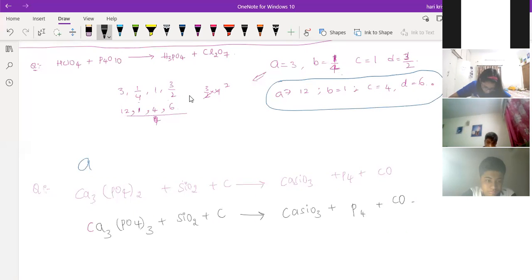So just use the same algebraic expression method, but you will get some extra equations in this.